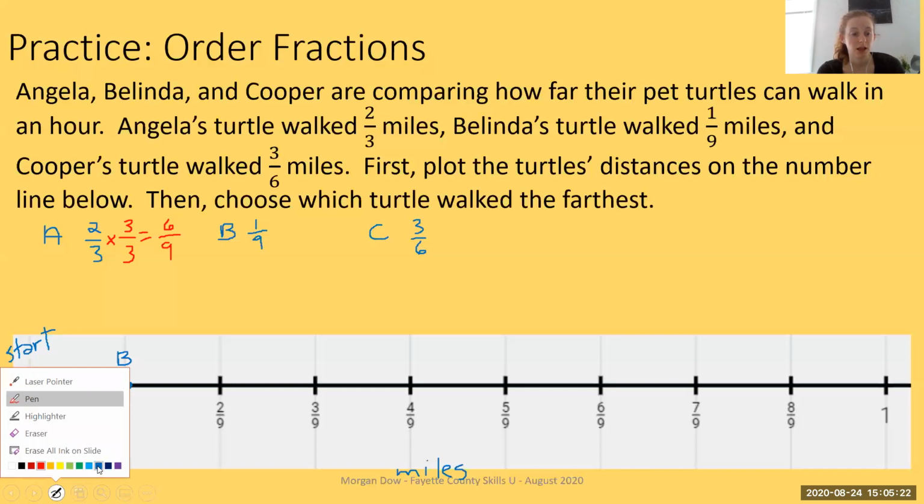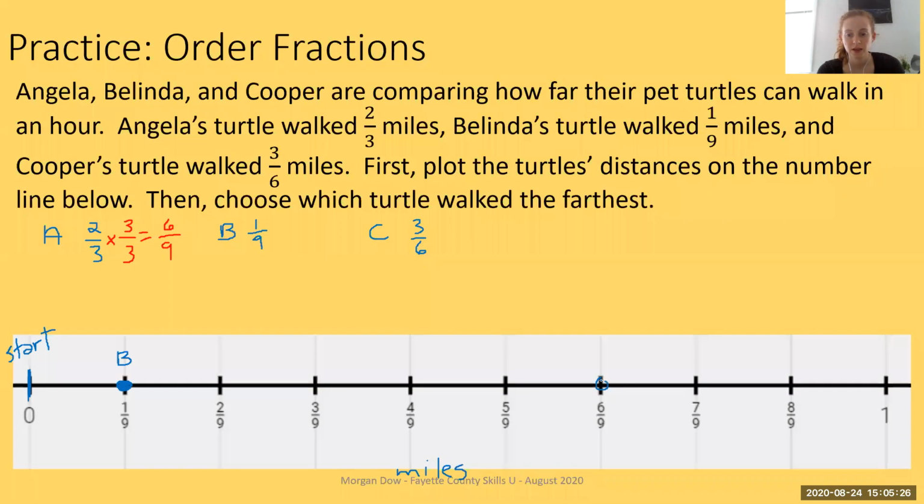So I'm going to plot Angela's point here at 6/9, and I'll label it A. So 6/9, we know that's also the same thing as 2/3. And now think about that for a minute. Let's imagine instead of 9 equal parts between 0 and 1, what if we just had 3 equal parts?